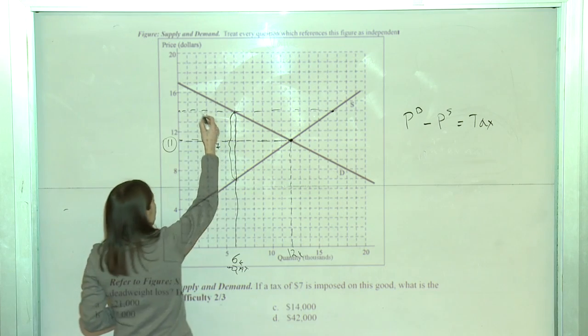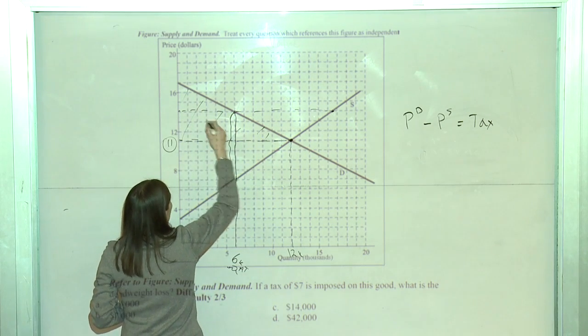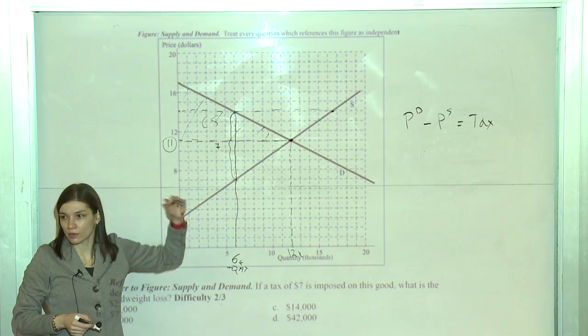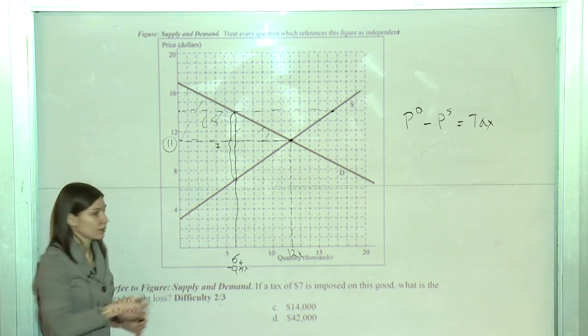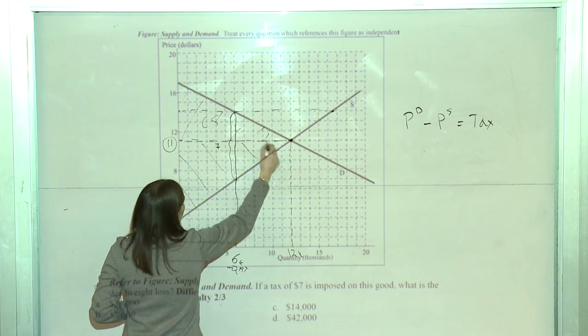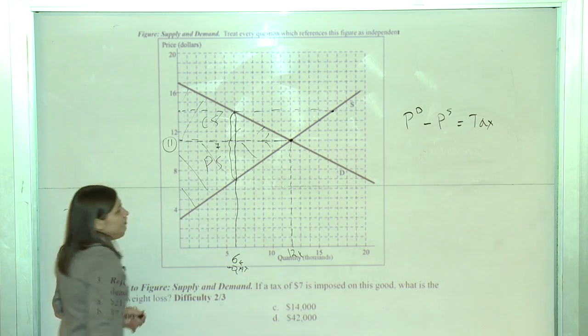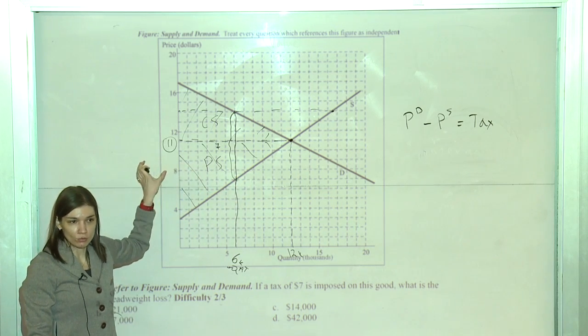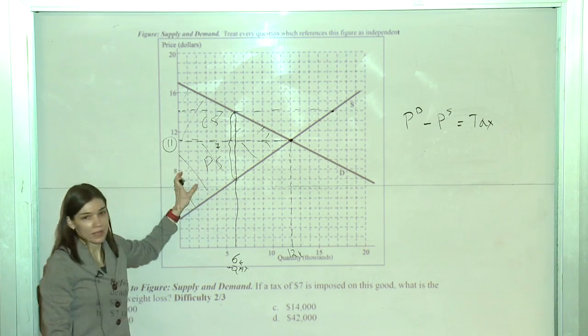So consumer surplus would be this whole area. And producer surplus is the area above the supply curve below the price. So this area here is going to be producer surplus.